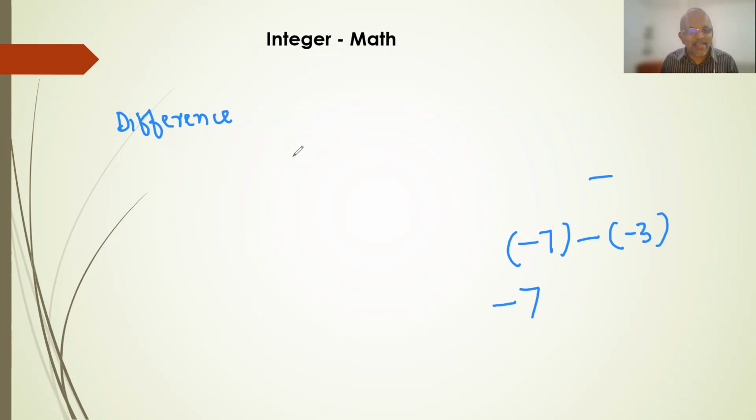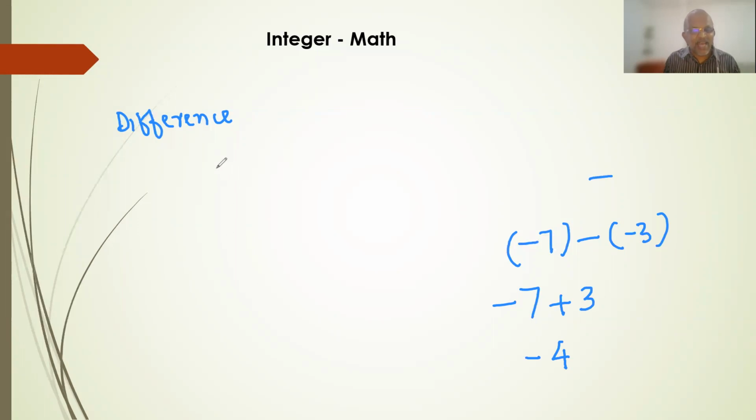Now, this minus is the operation. He is very naughty. What does he do? He changes. What is the opposite of minus? Plus 3. Different sign, subtract and put the sign of the bigger number.